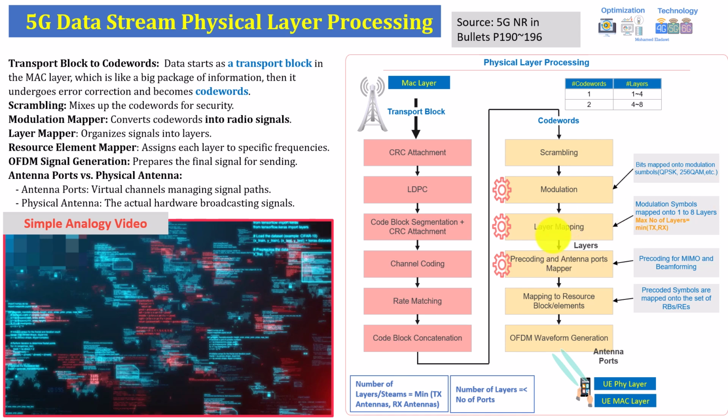Then after deciding the precoding for the MIMO and the beamforming, you will go through something called mapping to the resource blocks and elements. So whatever symbols you have, you will now map them into specific resource elements and specific resource blocks, where the user will get the information and know where to receive it, then decode or read the information within a particular resource element or resource block.